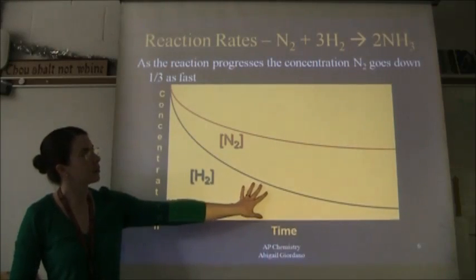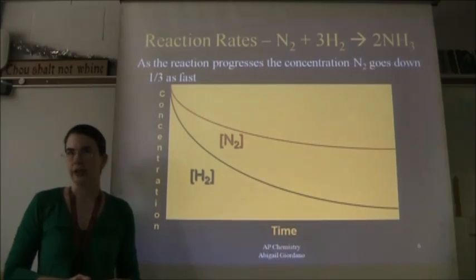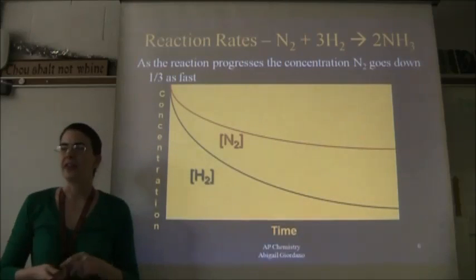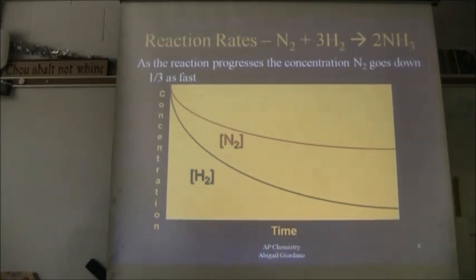graph, look at the reaction as it's written up there, why is it that hydrogen is disappearing, decreasing its concentration faster than nitrogen? Anybody want to guess why? There you go.